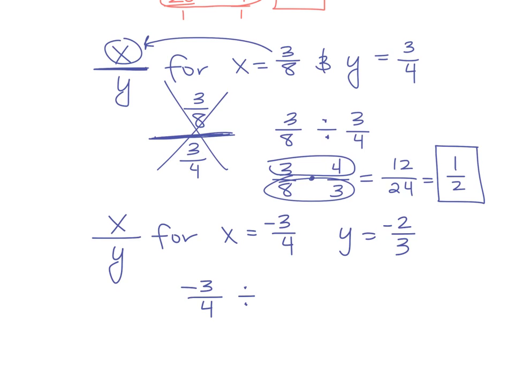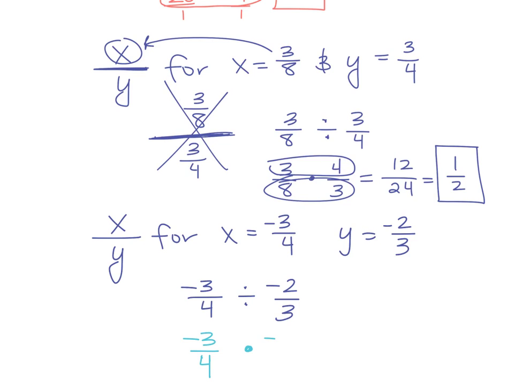And we're going to divide by negative 2/3. Okay? So when we set that problem up again, it's going to be negative 3/4. What comes next? Multiplication, so times, and then what do? Negative 3 over 2. You're going to flip it.